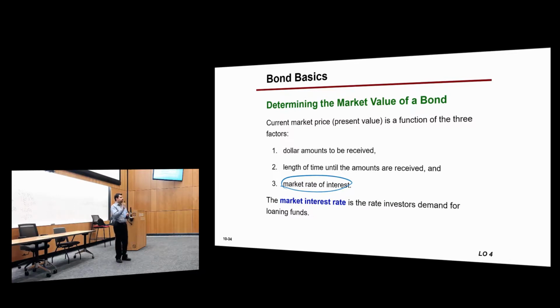Okay? During that time, the market interest rate will change. It is very rare that they would be the same. Generally speaking, they would be different from the day it was approved. So between the day it was approved and the day it was actually issued, the market interest rate would be different.